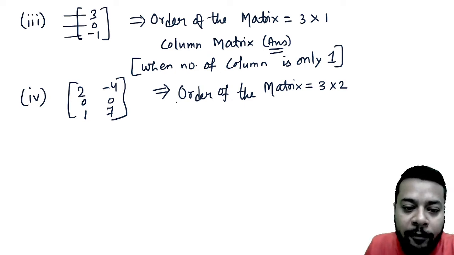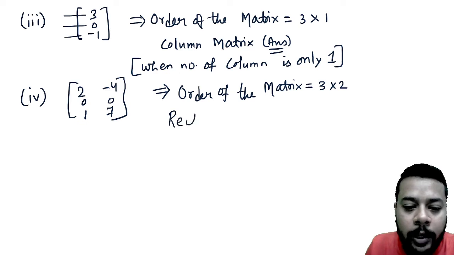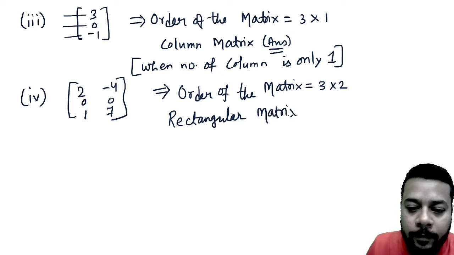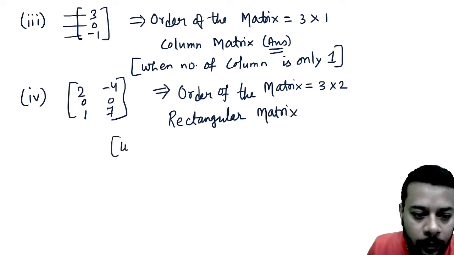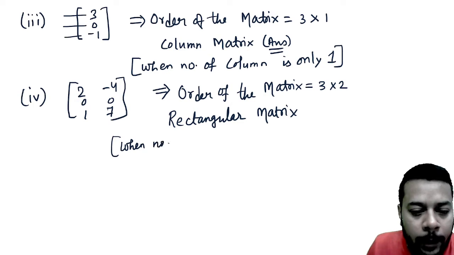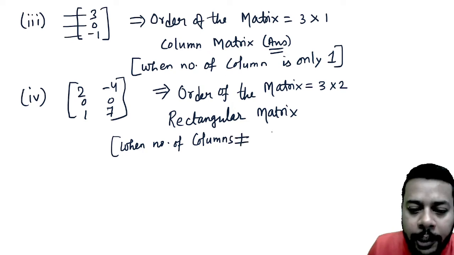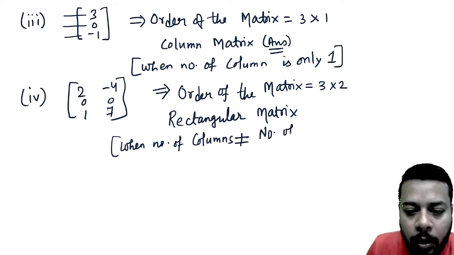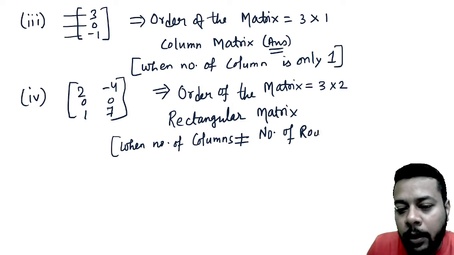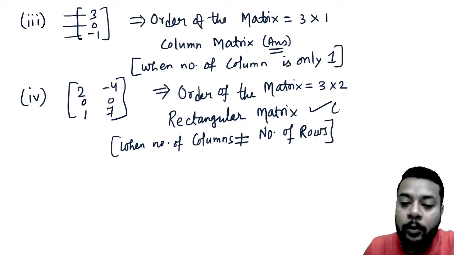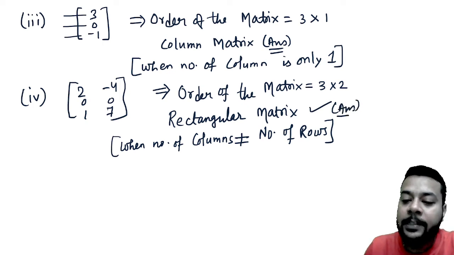So such a type of matrix is known as rectangular matrix. When the number of columns is not equal to the number of rows, then such type of matrix are known as rectangular matrix. This is our answer.